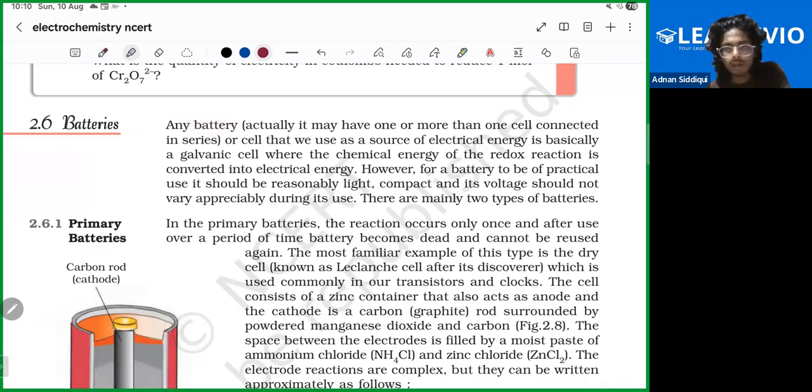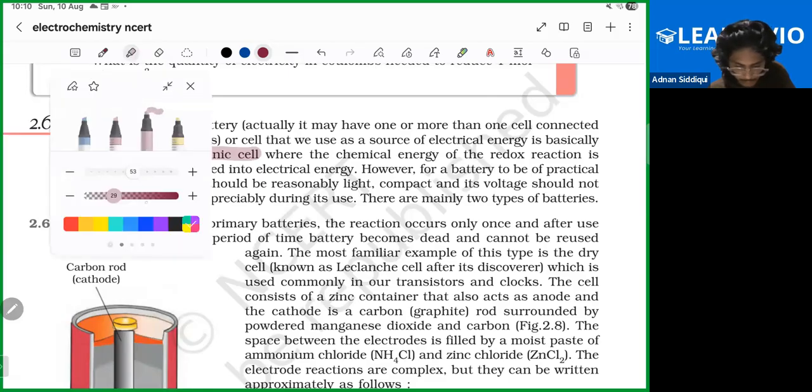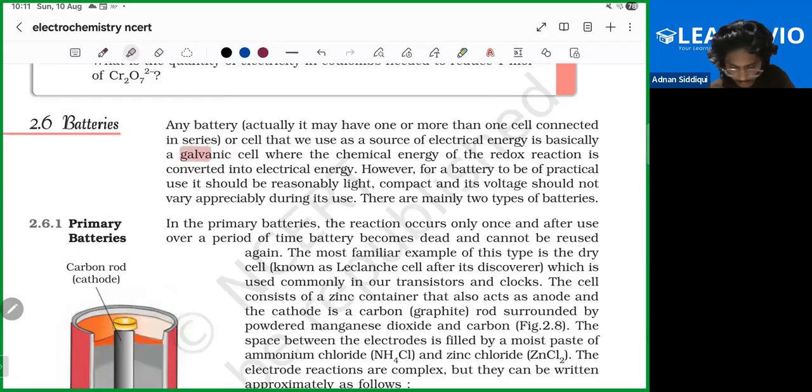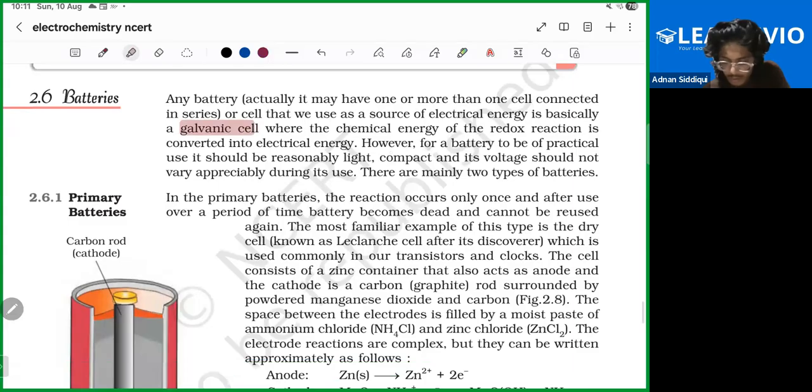So your batteries are something which convert chemical energy into electrical energy. So it is a galvanic cell. The energy of the redox reaction is converted.